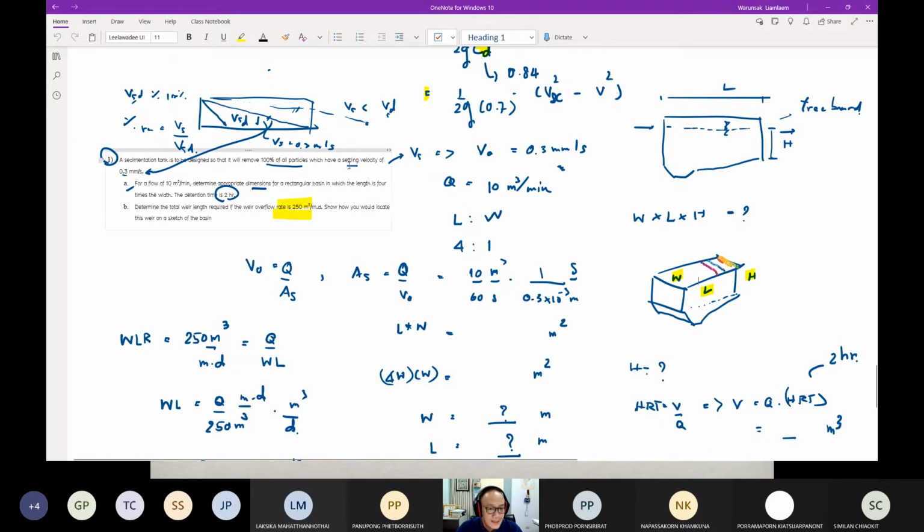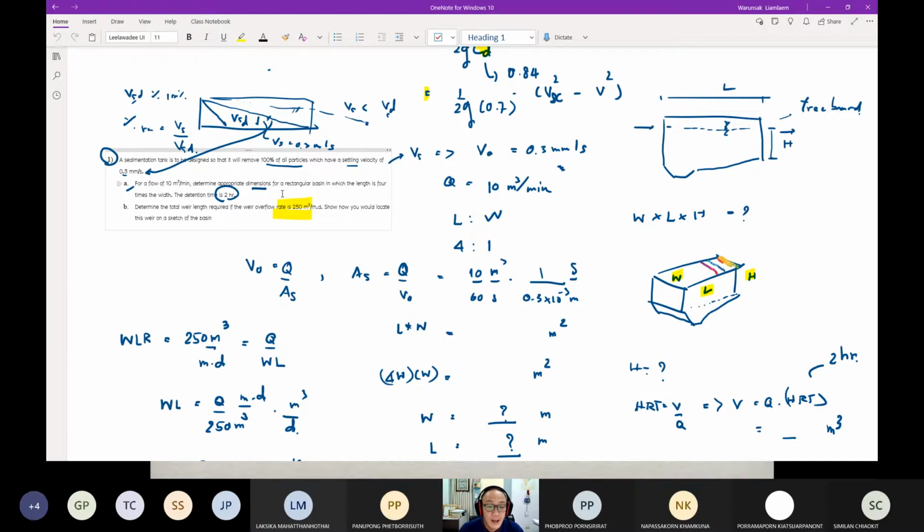So we will take this information as the overflow rate or overflow velocity VO, which is also equal to 0.3 millimeters per second.